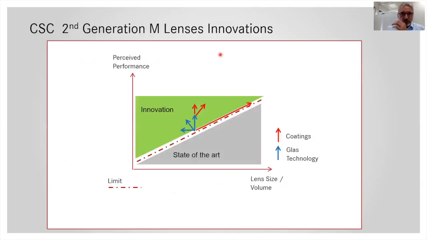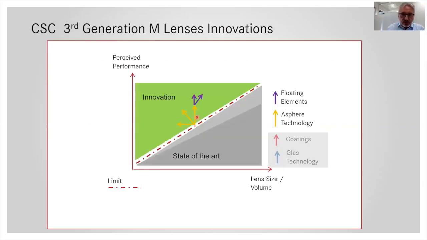In the second generation, as I already explained, the perceived performance became normal, and the next innovation step was Asphere Technology, and by floating elements we increased the performance without increasing the size too much. Floating elements need a little bit more size.